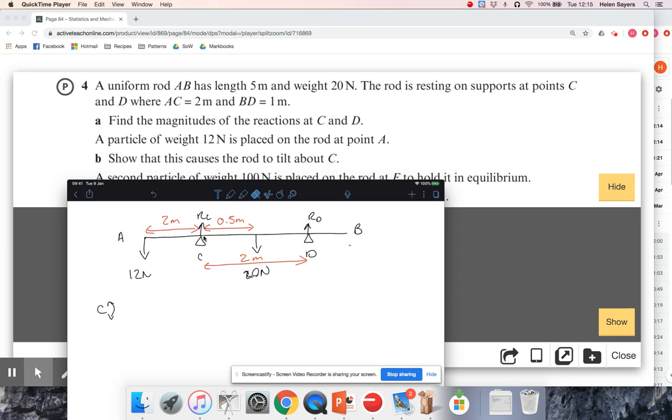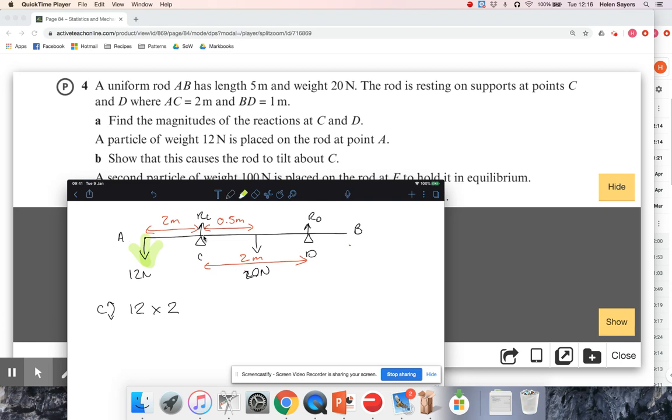Right, okay, so let's take moments about C. So if I'm taking moments about C, I've got the 12 newtons pulling that end down, so trying to turn the whole thing anti-clockwise. So that's going to be an anti-clockwise moment of 12 newtons multiplied by 2 meters.